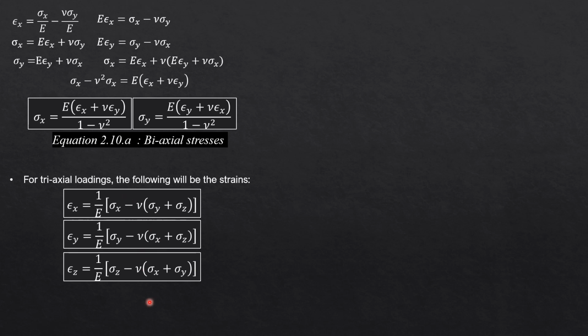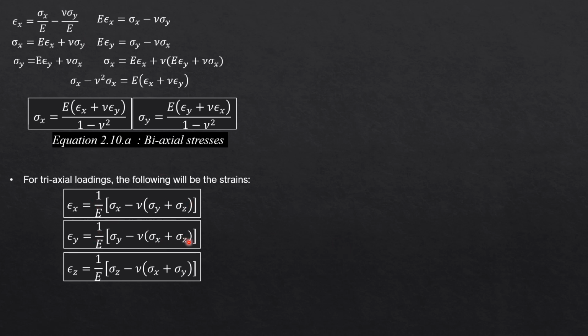So this would be the resulting formulas, and we can easily derive this after we include the effect of the normal tensile stress along the z-axis, which causes the strain along x to have the value negative Poisson's ratio sigma z over E, and this will be the result.